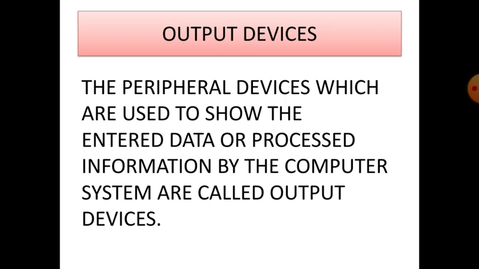The peripheral devices which are used to show the entered data or processed information by the computer system are called output devices. Output devices are also peripheral devices which help us to see the output of the input which we have given to the computer.